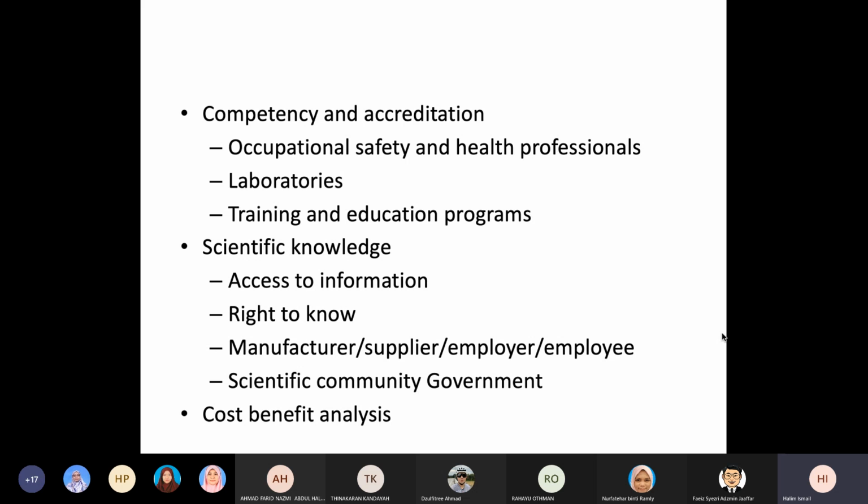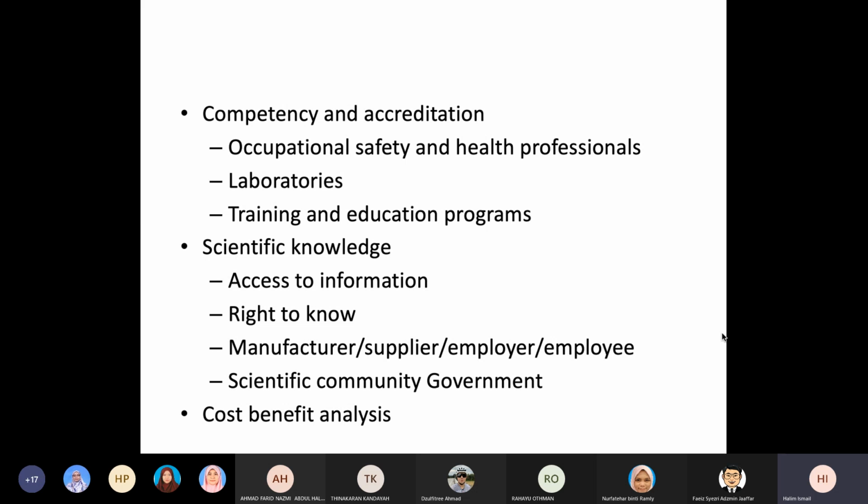Because a certain employer, they don't want the employees to know all the kinds of hazards. They want, if possible, not to tell the employees about the hazards that they are faced with during their work. Okay, but if the employees know about the hazard, there's a possibility that they might not want to work in that sector.